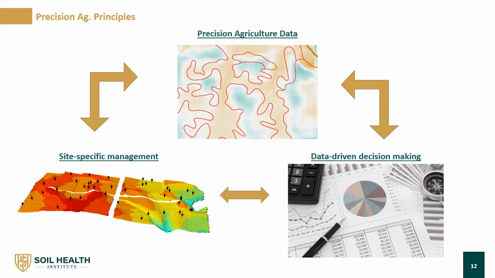We're taking this high resolution, both spatial and temporal, precision ag data, applying it through site-specific management to make really data-driven decisions where we're changing and adapting our management to known environmental variation and known responses to that environmental variation. So it's a really data-rich environment where we're integrating all these components to make one.